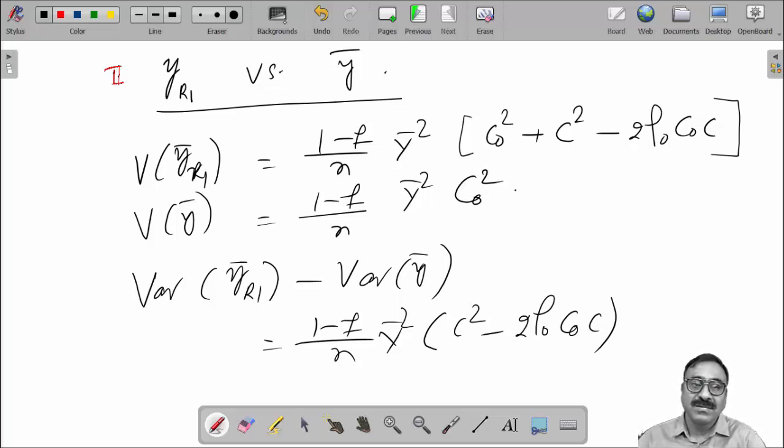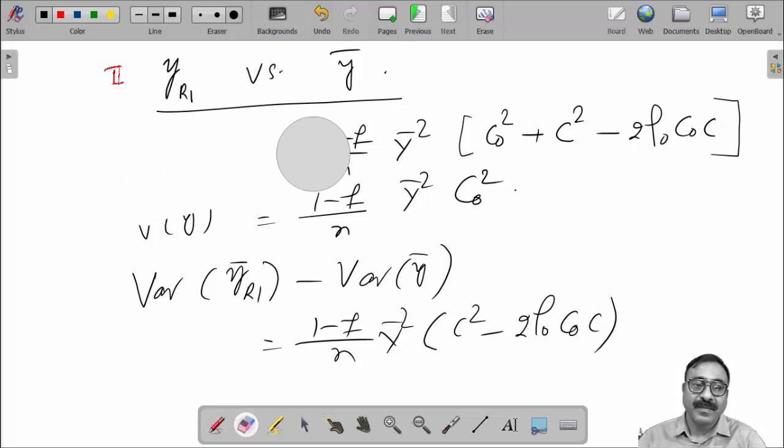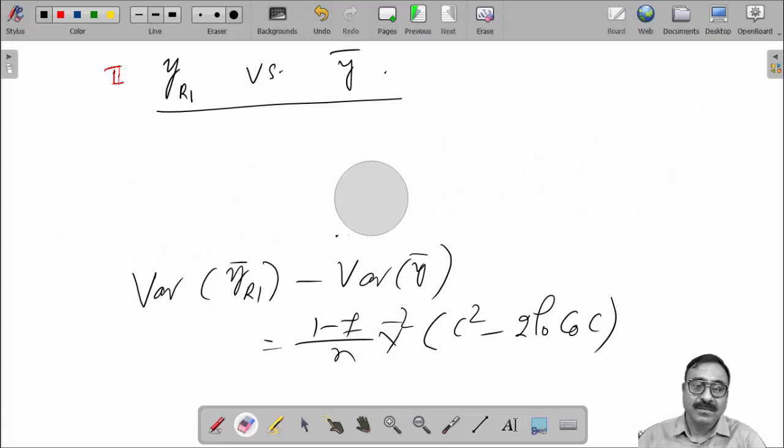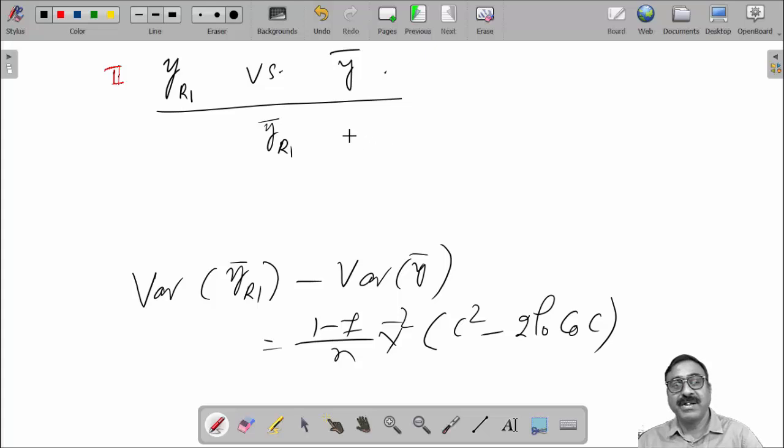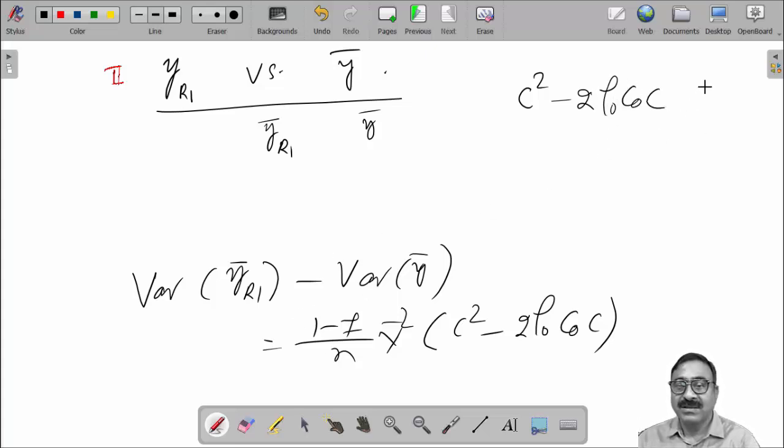So now the usual ratio estimator YR1 bar using one auxiliary variable will be preferred to the simple mean estimator y bar if C square minus 2 rho 0 C0 C is less than 0, because this variance will be less.